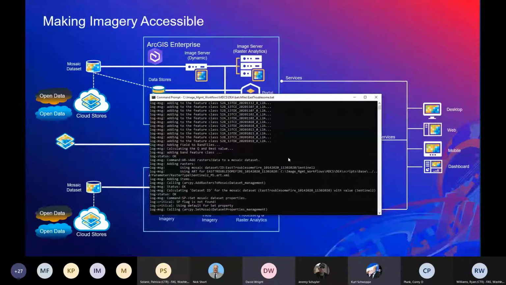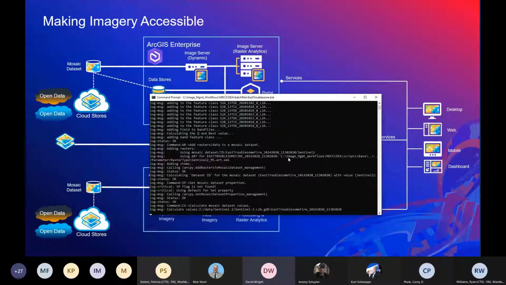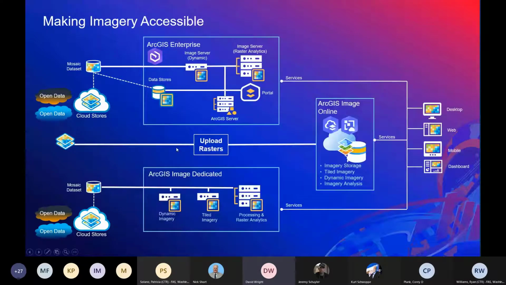Yeah, certainly. So if you don't have the privilege enabled to publish this into ArcGIS Online, know that any viewer type of user in the organization can consume those. And once you can consume those services, again, I want to reiterate, they can come from any of these patterns, not only Image Online, but Dedicated or ArcGIS Enterprise.